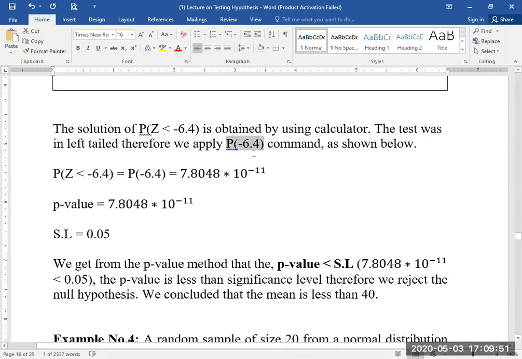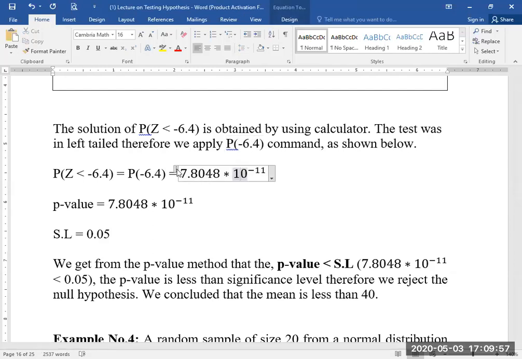Therefore, I use p of minus 6.4. From the table, or from the calculator, I have calculated this value, and it is 0.000000 with 11 zeros after the decimal point. It is a very minimal value.